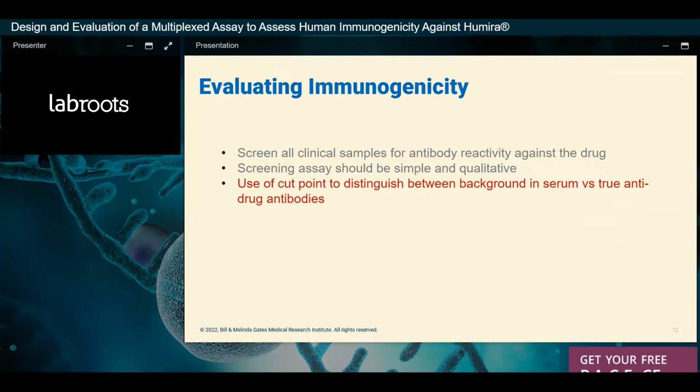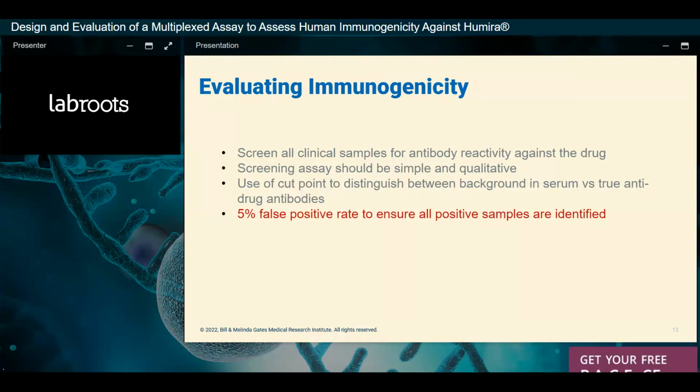The way these screening assays work is you use something called a cut point. You apply this to your assay, and this cut point allows you to distinguish between background noise in your assay versus a sample that really does have an anti-drug antibody in it.